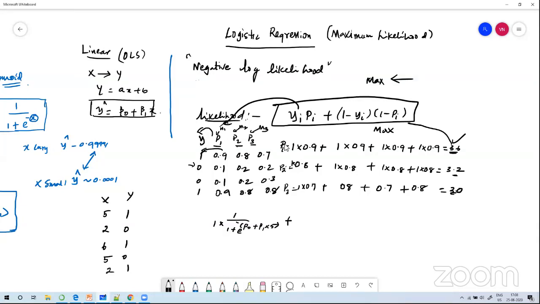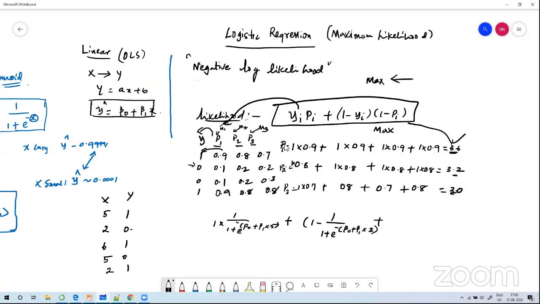Then yi is 0 here, so this is 1 minus yi, which is 1, into 1 minus pi. What is 1 minus pi? 1 by 1 plus e to the power of minus (beta naught plus beta 1 into 2).